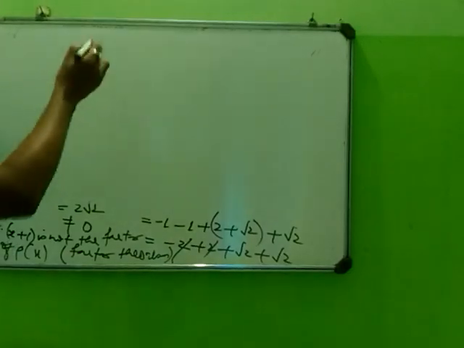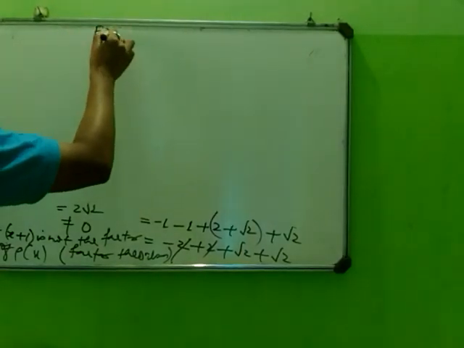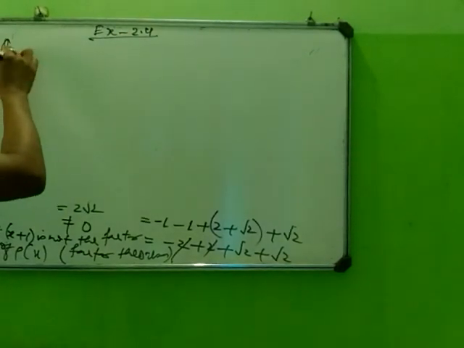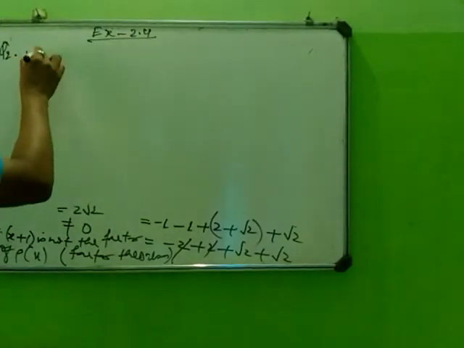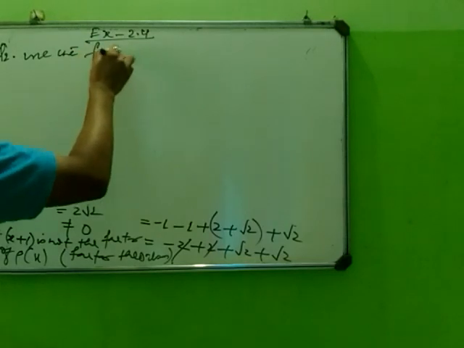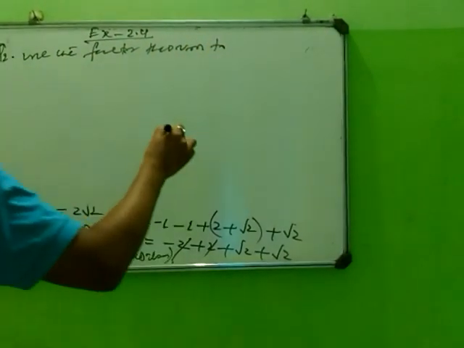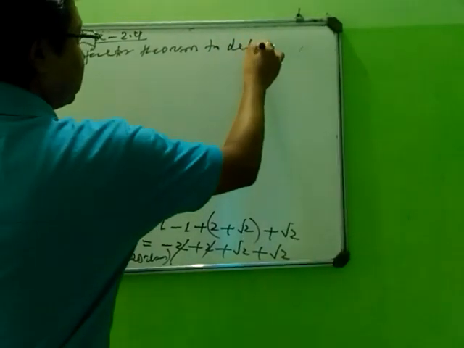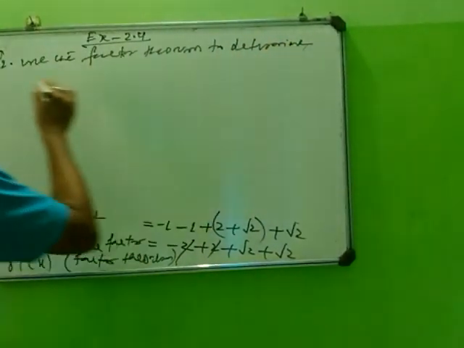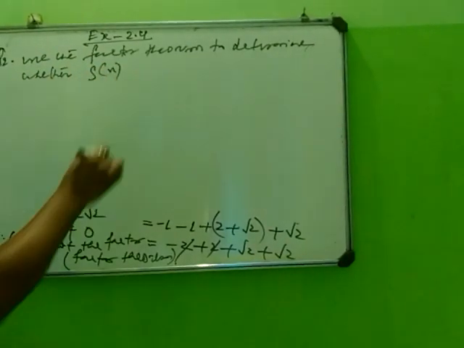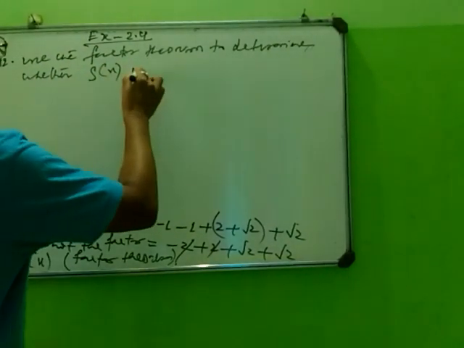Let us take exercise 2.4, question number 2. Use the factor theorem to determine whether g of x is a factor of p of x.